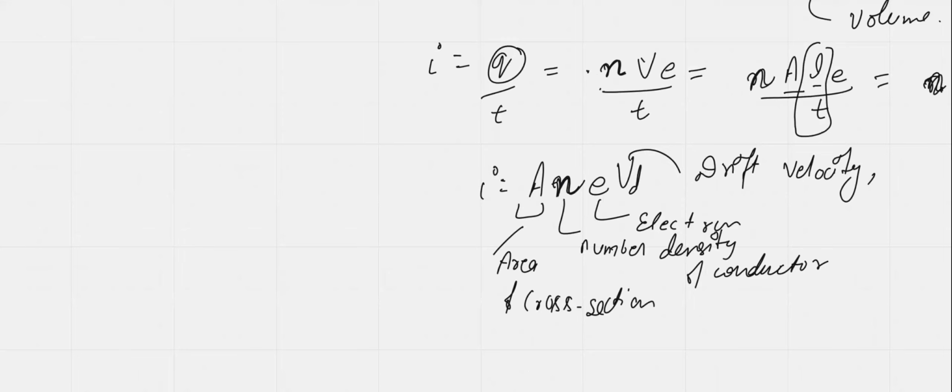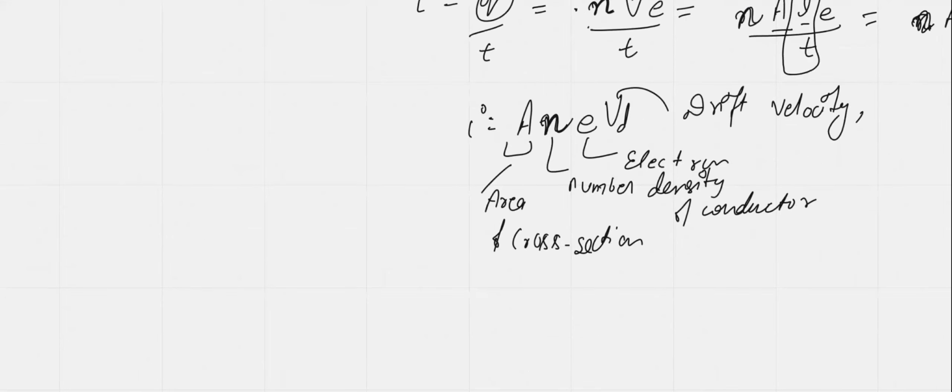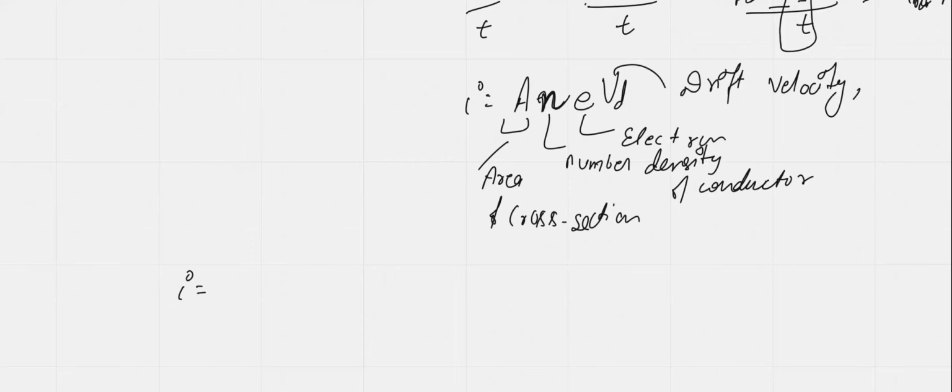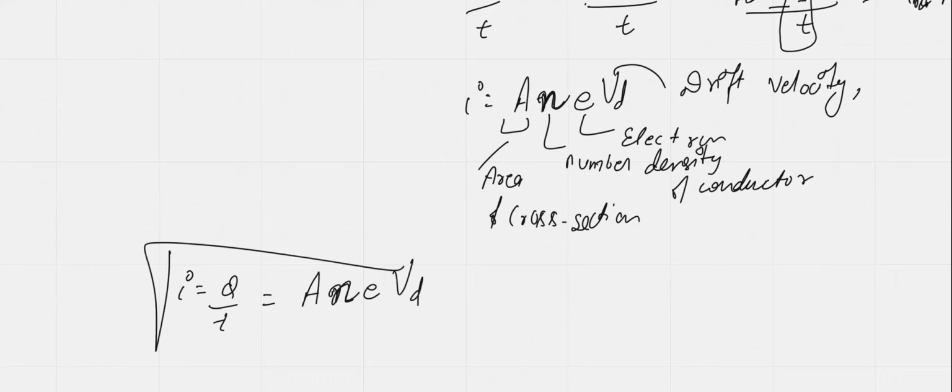Okay, so we have got another formula for I. We already have one formula, that is Q by t, and this is equal to A n e vd.